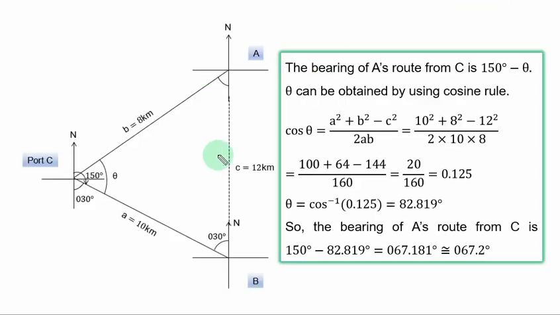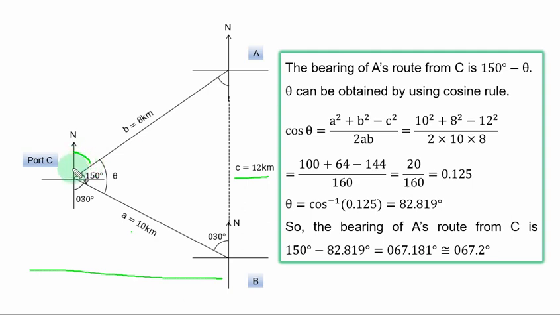The solution continues. You have the diagram as I have explained earlier. Port C, you have A, you have B. This angle is 30 degrees. The distance between the two boats is 12 kilometers. The boat A from the port C is 8, then B is 10. You label respectively. Now the bearing of A from C is from the north to that line that joins C and A together.